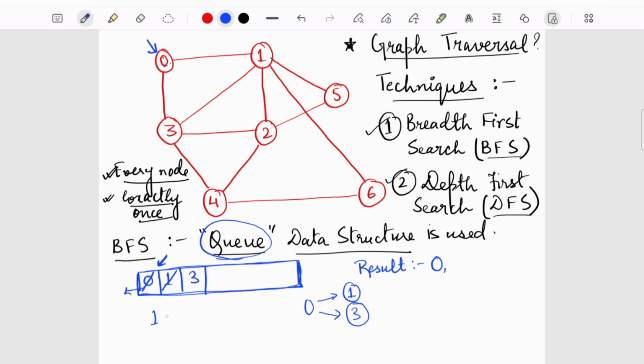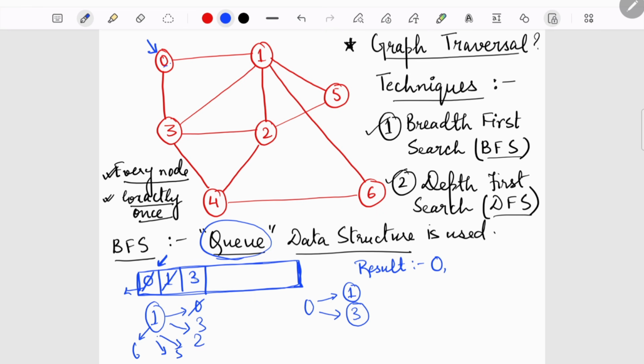Adjacent to 1 you have 0, you have 3, you have 2, you have 5, and you have node 6. All these nodes are adjacent to node 1. Correct? Now among them 0 is already visited, so we are not going to insert it. For the rest of the nodes, say we insert them like this.